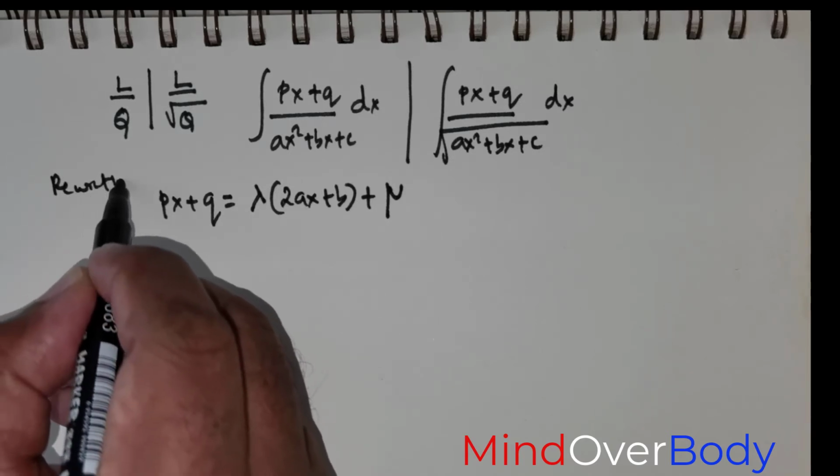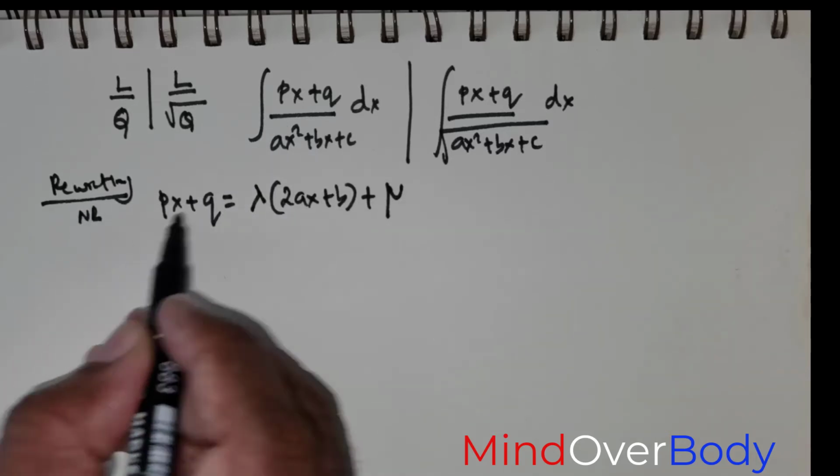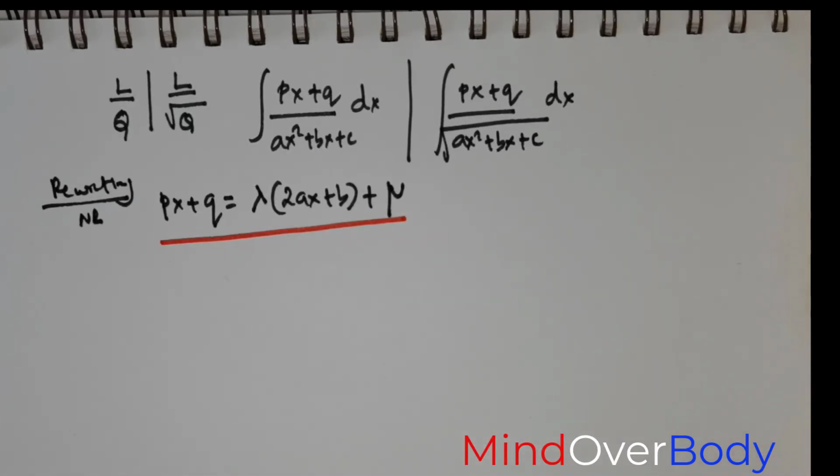Rewriting the numerator would help you to solve this question. The most important thing we need to know here is that problems will give us a better understanding. So let's do some problems.